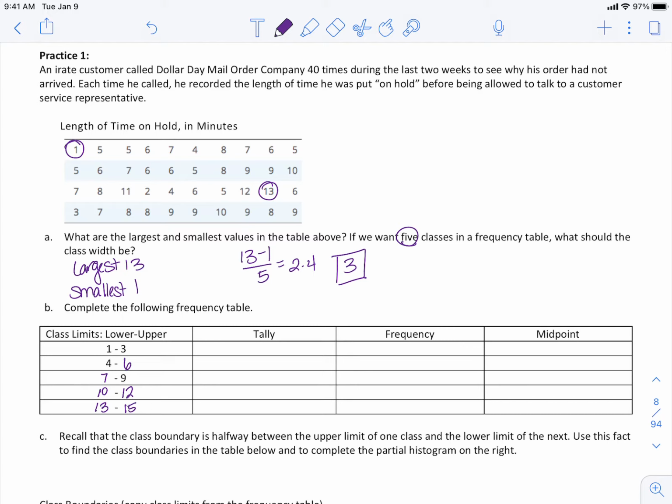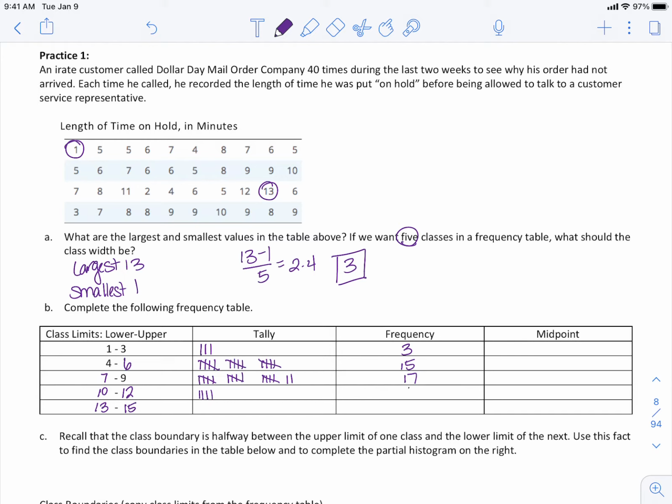Okay, you will find that there are 3 for the first class. There are 15 for the second class. There are 17 for the third class.